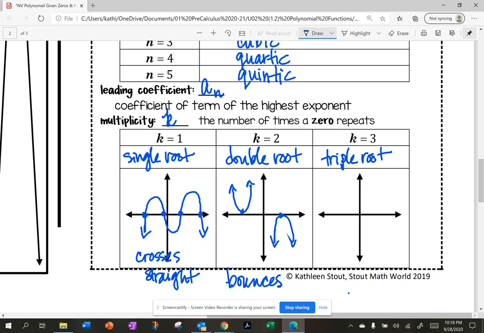And for a triple root, this is where the concavity changes. So I'm concave down here and concave up here. So I cross and the concavity changes.